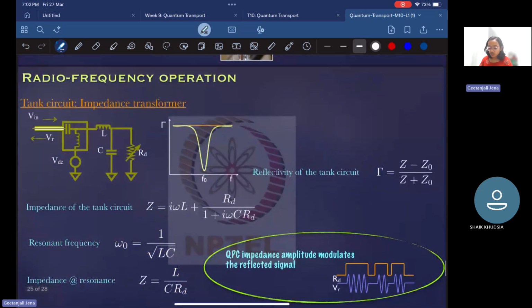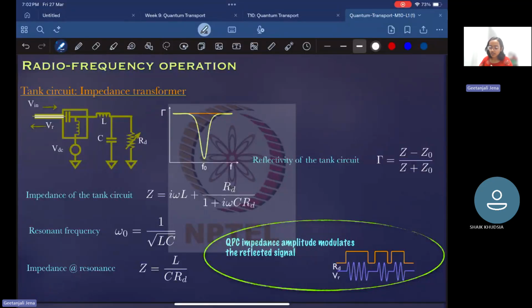So what do we do to sense the charge in an ultra fast time scale? For this we use radio frequency reflectometry, or the radio frequency SET. In brief, what we do is integrate the SET to a high frequency LC tank circuit.